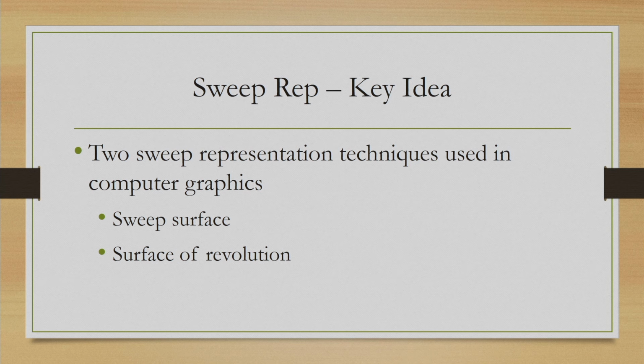And finally, we have the sweep representation. Now, there are two sweep representation techniques which are widely used in graphics. One is the sweep surface representation and the other is the surface of revolution representation.